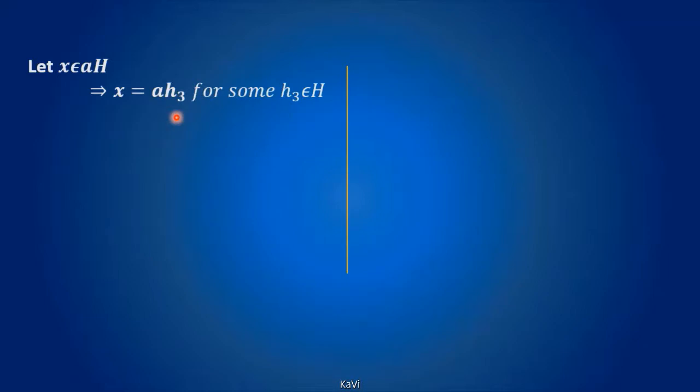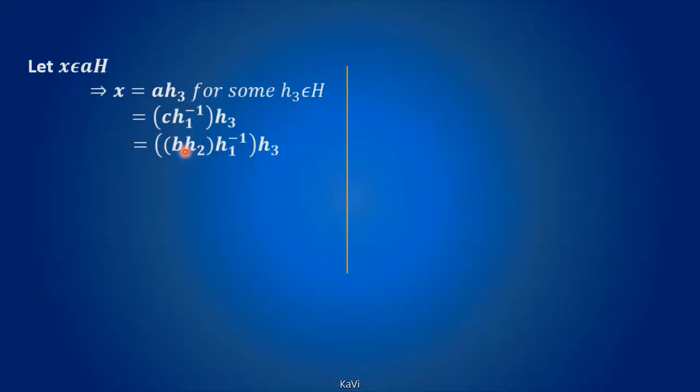Already we have written A in the form of C. So A can be replaced by C into H1 inverse, C H1 inverse into H3. But C can be written in terms of B. So this is equal to B into H2 into H1 inverse H3.